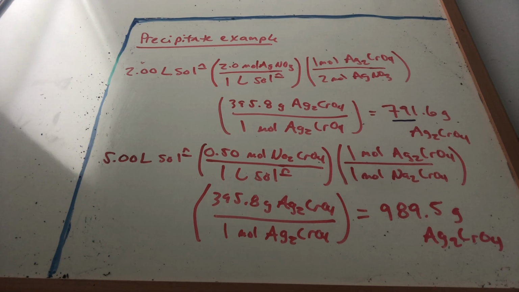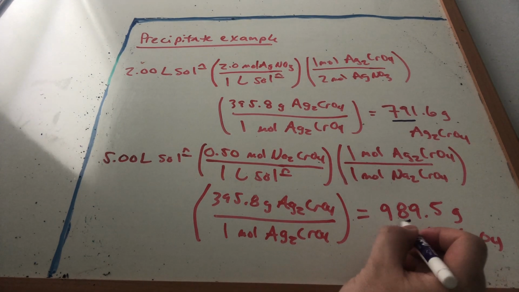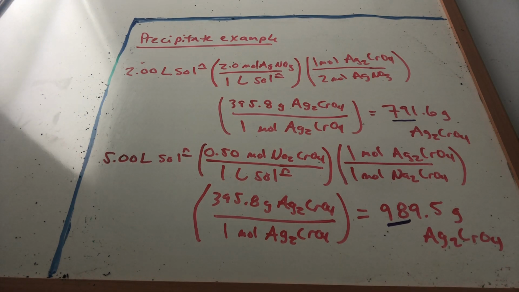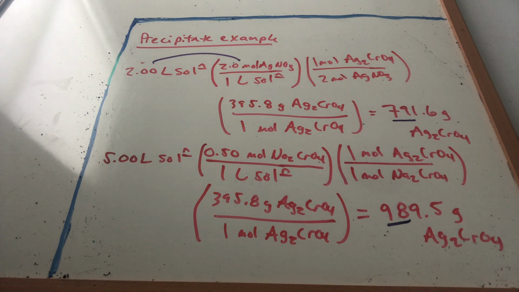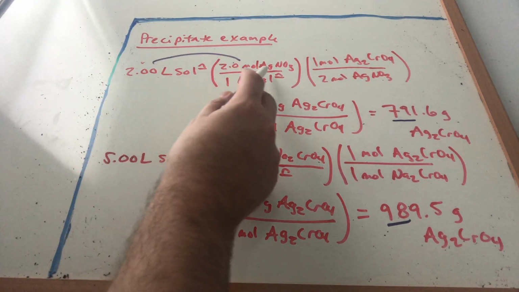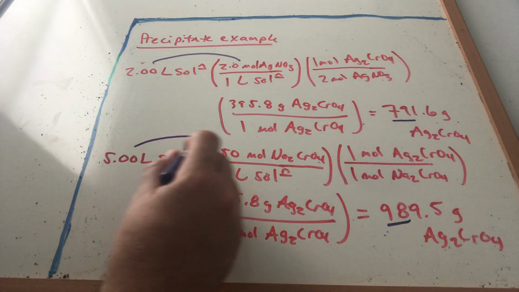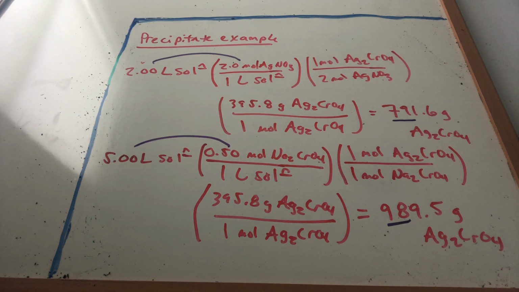And I just want to point out significant figures, and then just as a quick review, remind you, can I compare 2 liters of 2 molar AgNO3 to 5 liters of 0.5 molar Na2CrO4? Well, no, those are completely different objects.